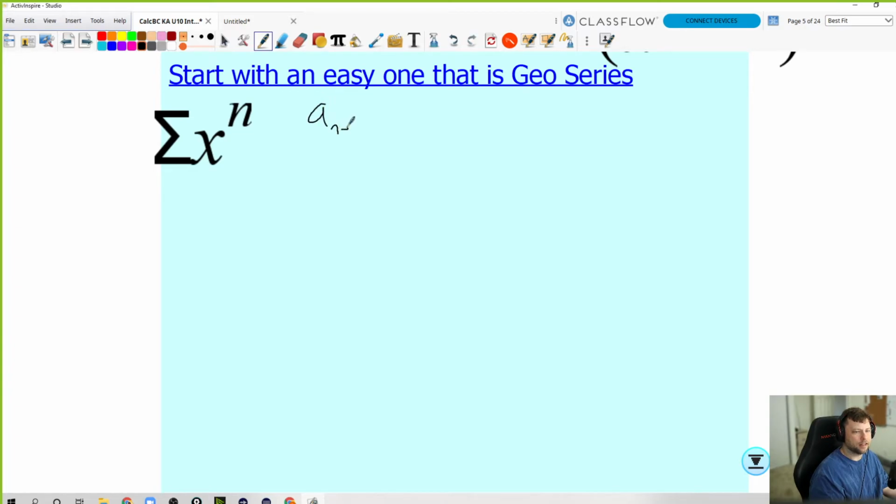So a to the n plus 1 would be x to the n plus 1, right? So my ratio test would be the limit as n goes to infinity of x to the n plus 1 times the reciprocal of this. So I'm going to say 1 over x to the n, when that is less than 1.